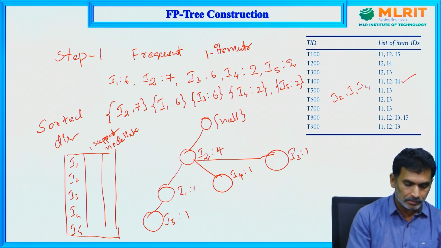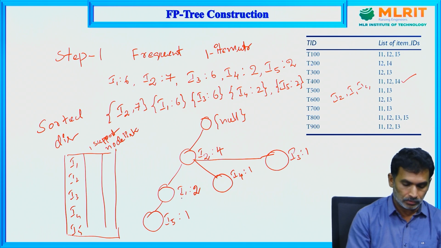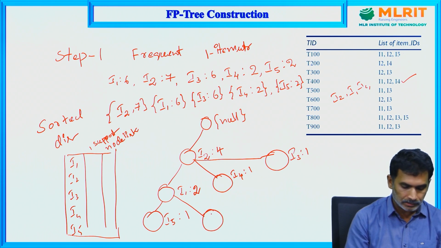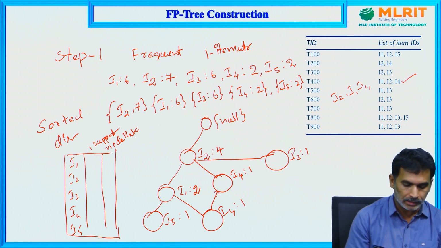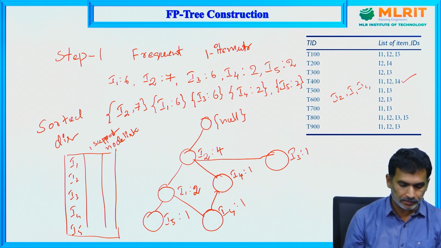Then I1, this is the path we have to follow. Previously its frequency was 1, it will be incremented by 1, so it will become 2. Then I4. Here there is no such item set, so I will create a new node, put its frequency, and link it. Okay.